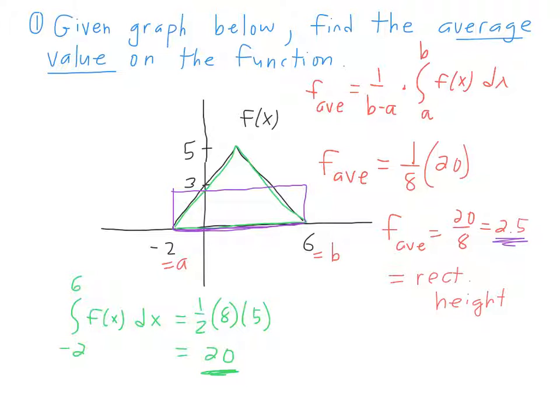The idea is the area under the curve is equal to the area of the rectangle. This outer region plus that outer region would cancel out this region right there. So the rectangle area equals the area under the curve. That's what the average value of a function is really telling us.